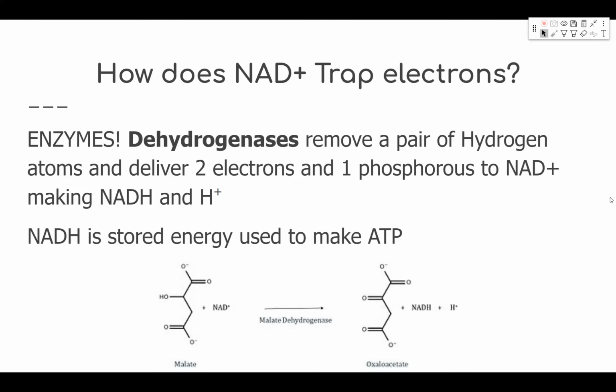Dehydrogenase removes hydrogen atoms and electrons, to NAD. We're going to make it NADH and H+. And then we are going to use that NADH to make ATP.